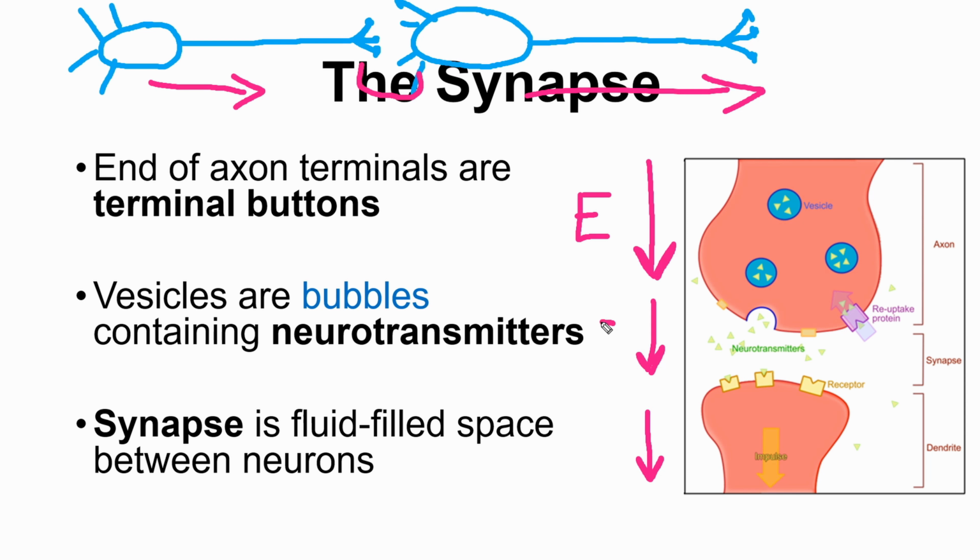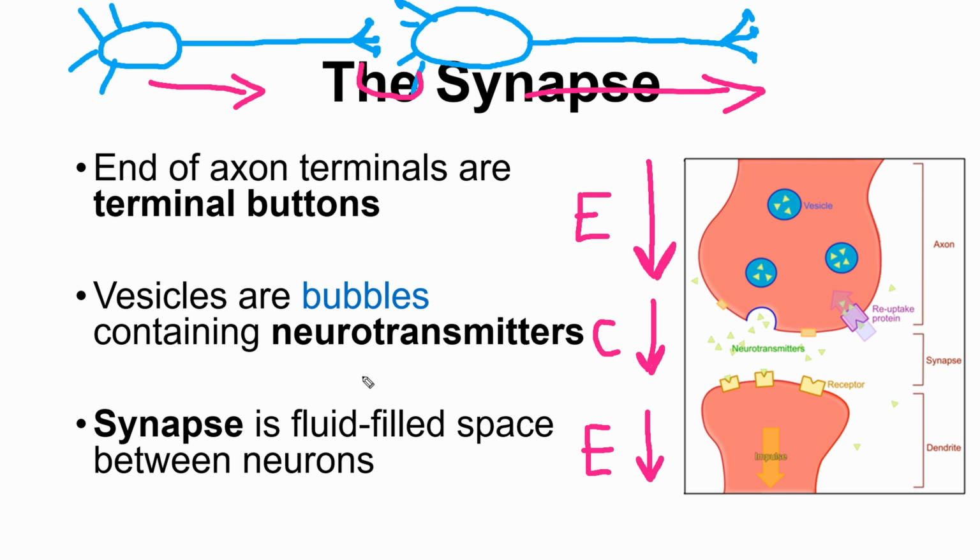So it goes electrical, then chemical, then electrical. We've already talked about the electrical part because that's our action potentials. Now we're going to zero in and focus on the chemical part and start talking about neurotransmitters, which are the chemicals that carry the message from our presynaptic neuron to the postsynaptic neuron.